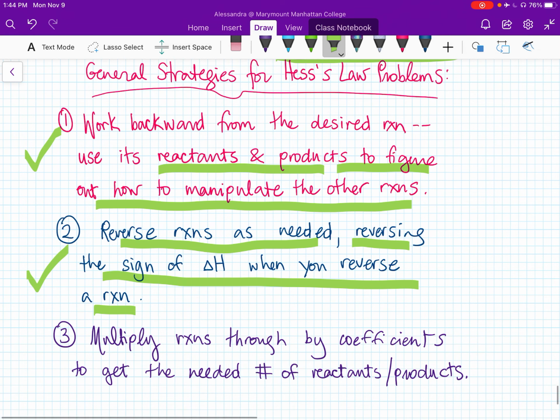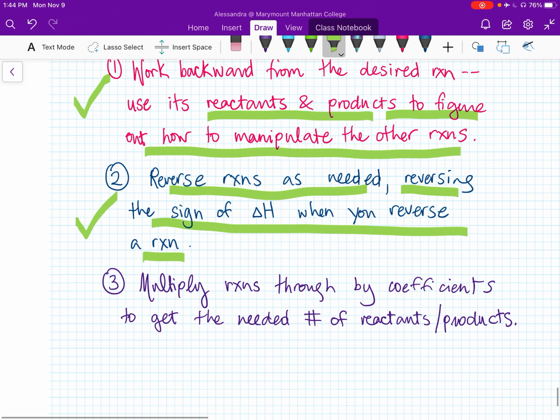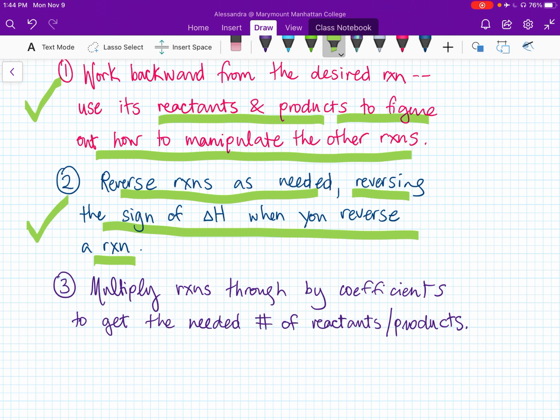And finally, you can multiply reactions through by stoichiometric coefficients in order to get the needed number of reactants and products. Those coefficients can be whole numbers, or you can use fractions. You could think of that as multiplying by a fraction or just dividing by a coefficient, for example, dividing by 2, as we just did in that example.